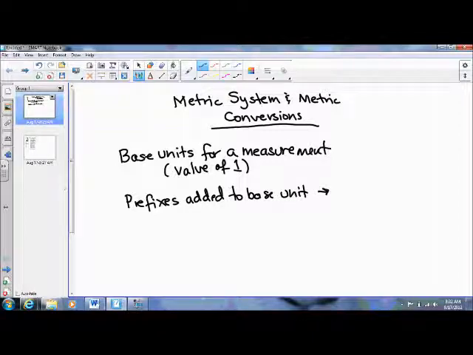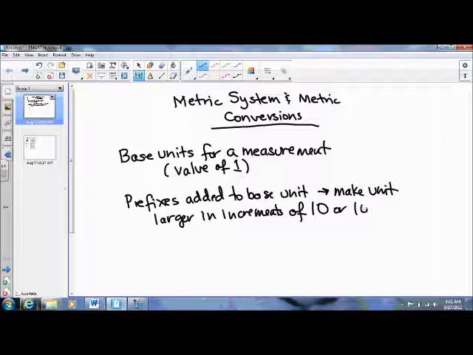Okay, they either make the unit larger in increments of 10 or 1,000. Okay, or they make the base unit smaller in the same increments.